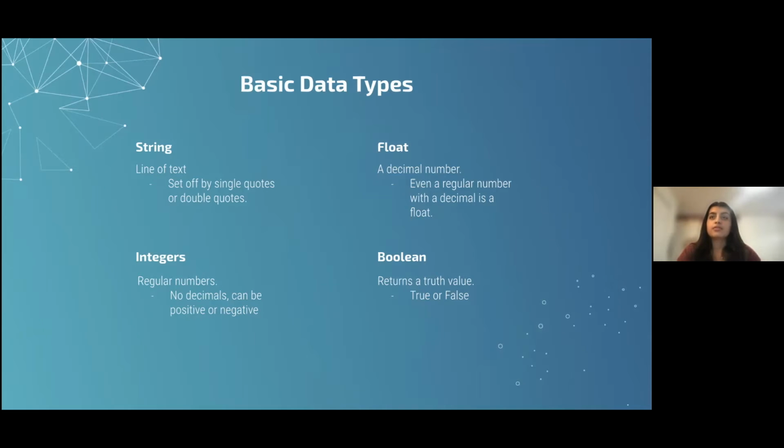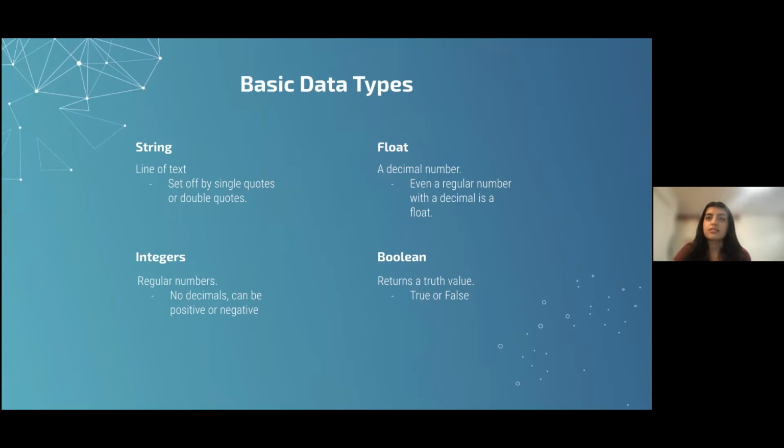And then next we have floats. These are decimal numbers, and even a regular number with a decimal is a float. So if you have any number, like let's say pi, 3.14159, that's considered a float. But if you want to change that to an integer, you get an int 3. So 3 is the integer that it would be categorized as.